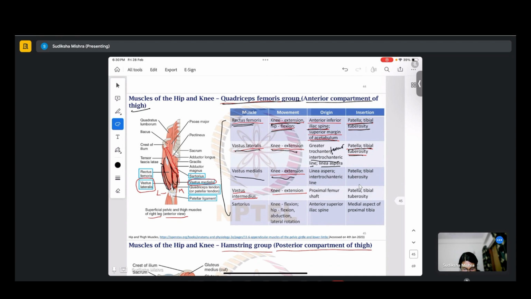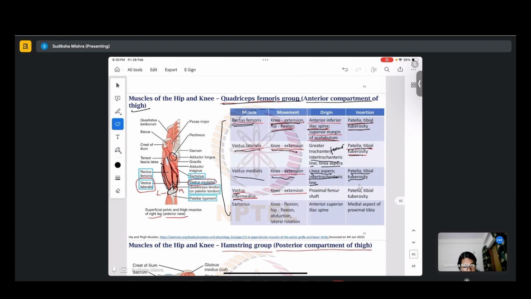So as you can see, it originates somewhere here and inserts here. Again, it originates in linea aspera and intertrochanteric line somewhere in the femur, and it inserts into the patella and tibial tuberosity. So all of the muscles are inserting here, all of these 3 muscles. Next comes vastus intermedius.